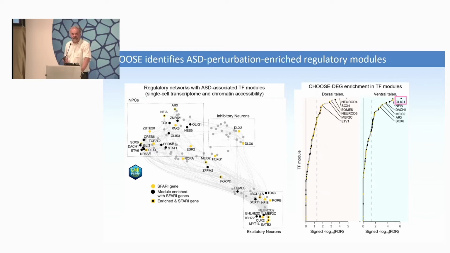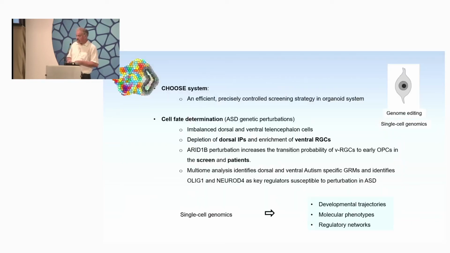And it's actually very interesting that this is also a gene regulatory network that has been found in analysis of adult brains from autism patients. And so, although it's a bit too early to actually conclude this, there might be a common transcriptional signature that is responsible for this disease.